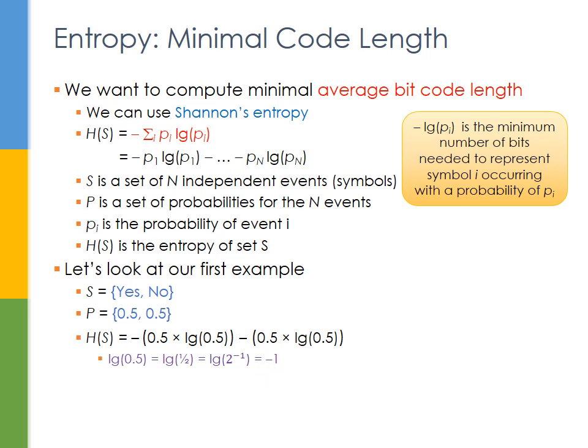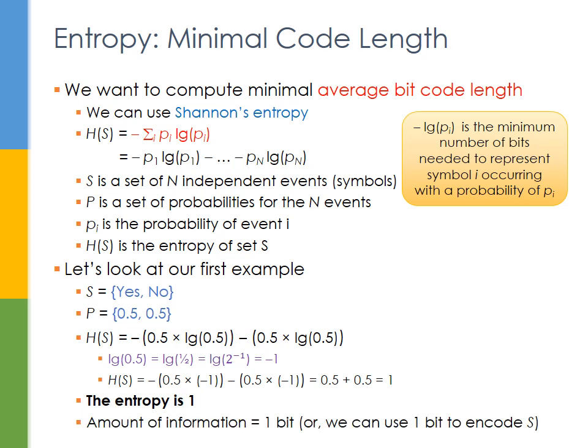So if we plug this value into our formula, we get the following computation, which boils down to 0.5 plus 0.5. And these 0.5 values are equivalent to the minimum number of bits needed to represent each of these two symbols, one for yes and one for no. So we see that the value that we've computed is 1, which means that the entropy of our encoding scheme is 1.